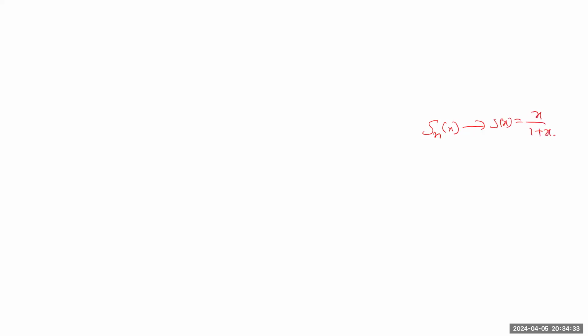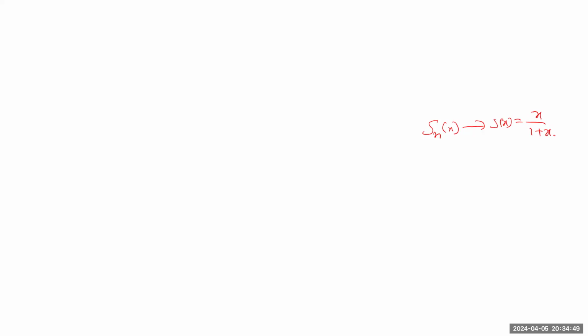So what we got, our partial sum Sn of x approaches S of x, that is equal to x over 1 plus x, isn't it? Right. But there is one inequality.